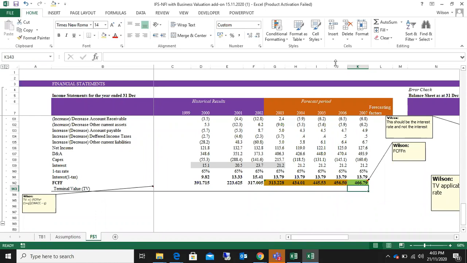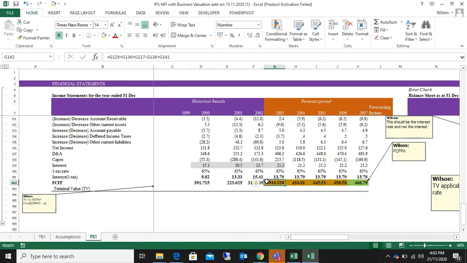Okay, so here we can then calculate our terminal value. The reason why we are calculating terminal value is because you cannot continue to forecast to perpetuity. The terminal value is an estimate of the forecast free cash flow, because a business is a going concern.